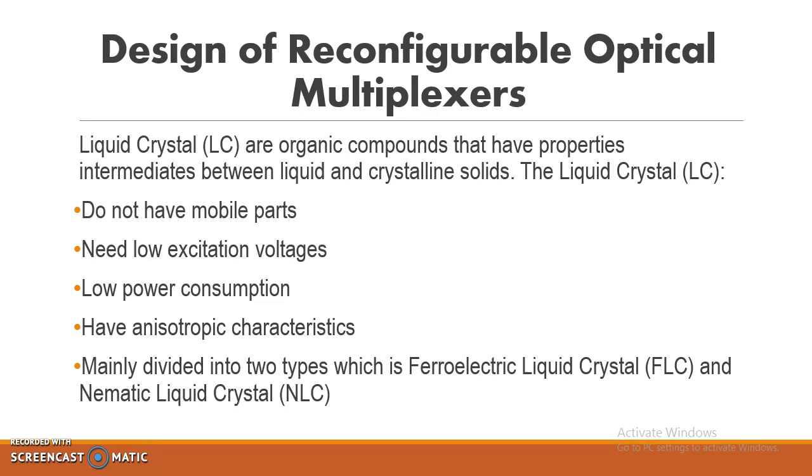Next is design of reconfigurable optical multiplexers. For implementing optical multiplexers, it is very interesting when based on liquid crystal, known as LC. Liquid crystals are organic compounds that have properties intermediate between liquid and crystalline solids.